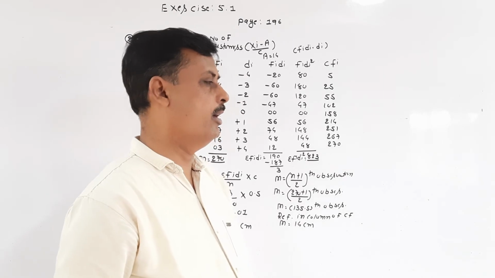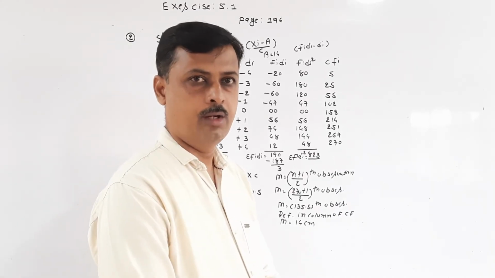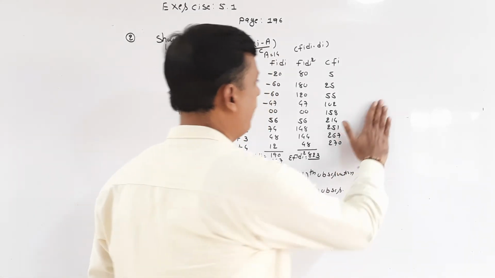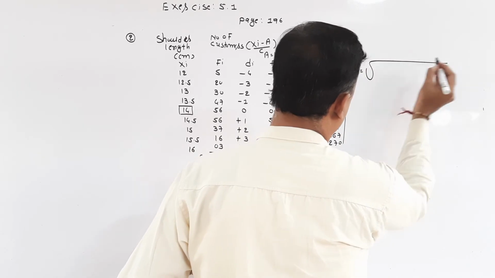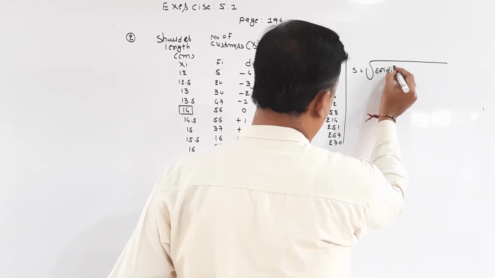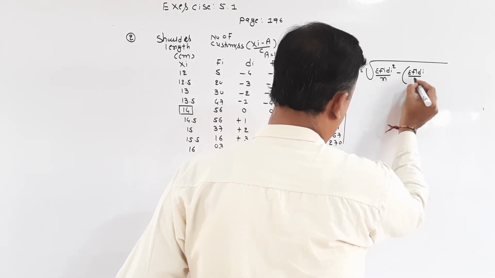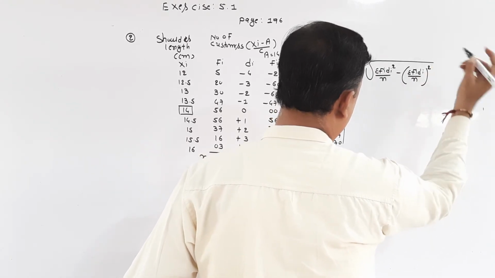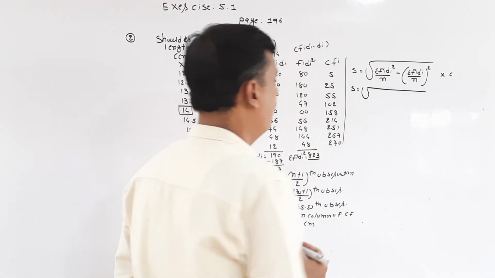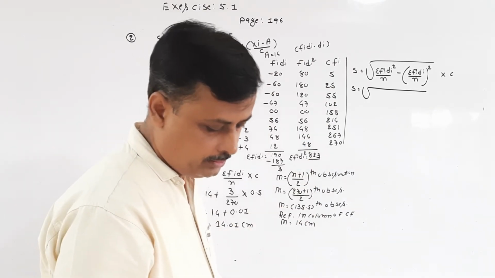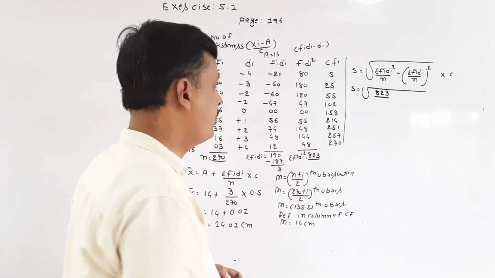Now you have to find S, the standard deviation, so we will put in the formula for S. Now S is required, standard deviation. S is equal to under root sigma FiDi square upon n minus sigma FiDi upon n whole square, into C. Sigma FiDi square is 823 and n is 270.